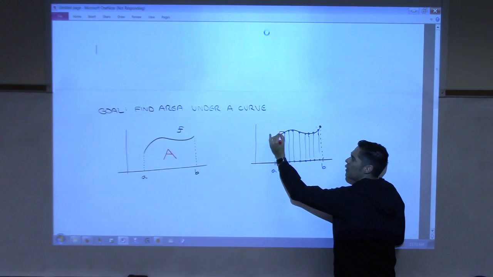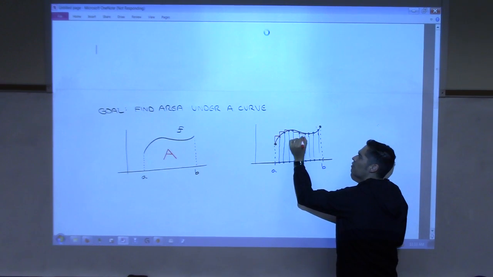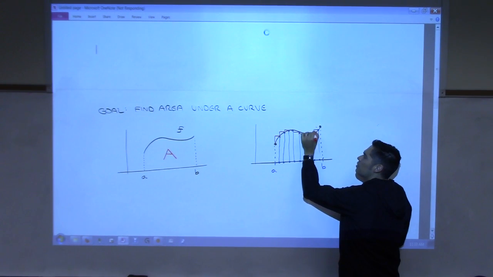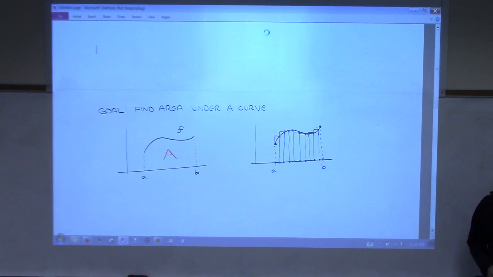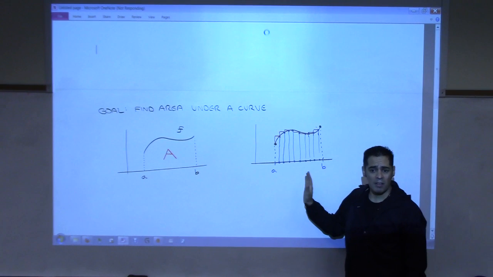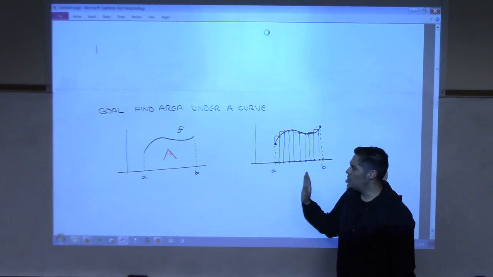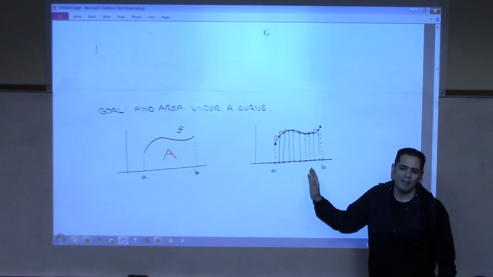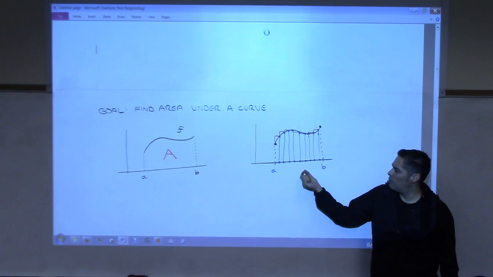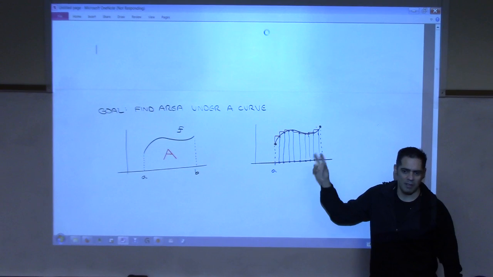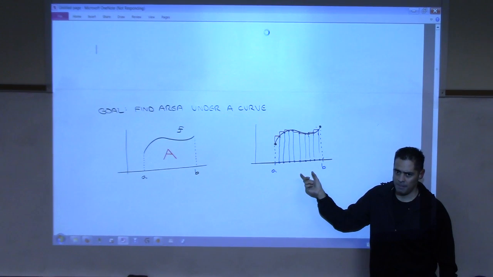And then draw another rectangle, another rectangle, and keep doing this for all of them, right? And do you see how this would be a good approximation? And Newton had no problem adding up the area of rectangles. I mean, we all know the area of a rectangle is the width times the height, or length times width, however you want to say it. Agreed?